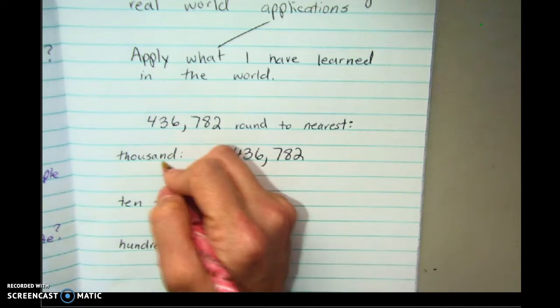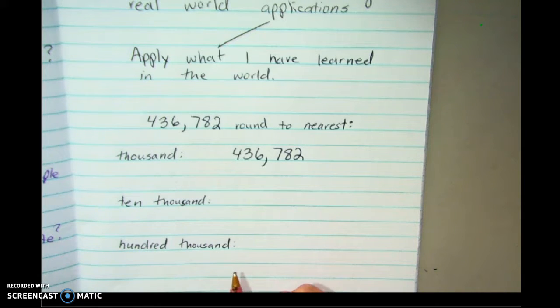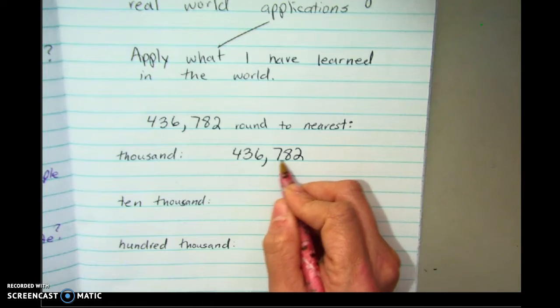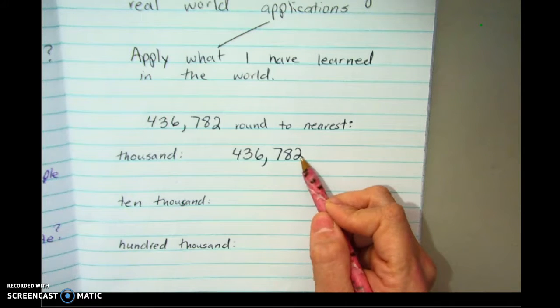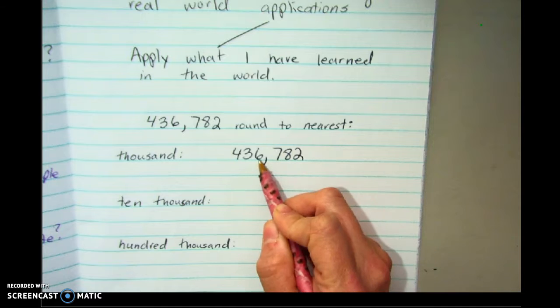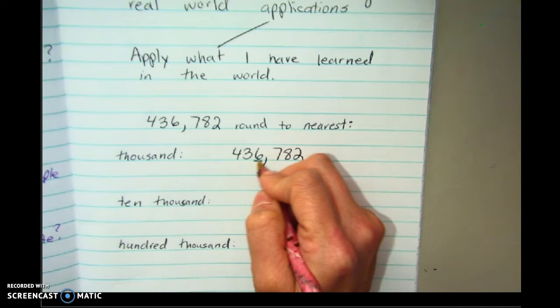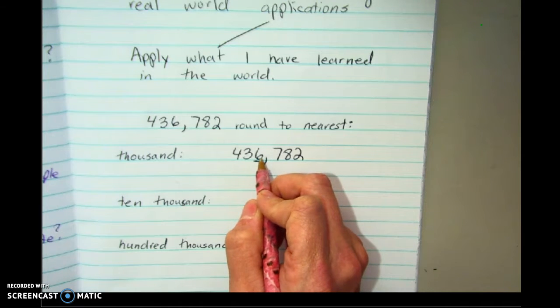So I'm going to round to the nearest what? Underline that place value for me now. Underline the digit that is in that place value now. What's my strategy? I go ones, tens, hundreds, thousands. Good, and I underline the place value that I'm looking for, the thousands.